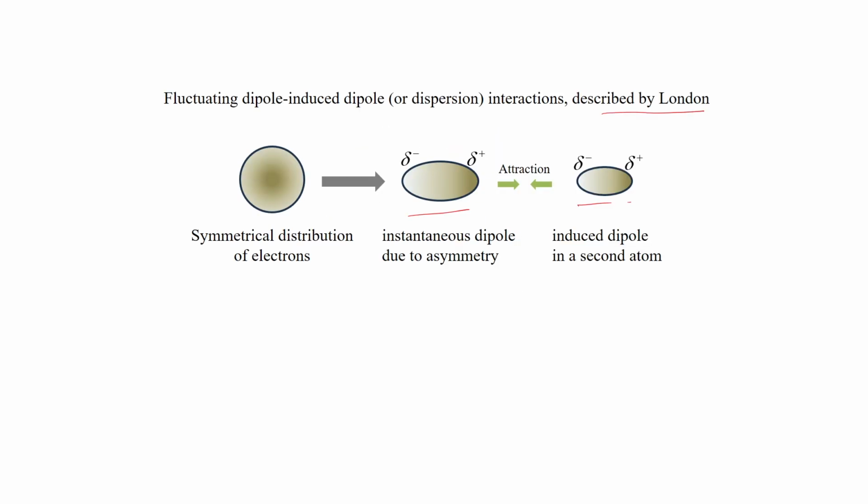However, in the London case, we do not need a permanent dipole. There are fluctuating dipoles, and that fluctuating dipole gets an instantaneous dipole moment because of asymmetry, and that induces a dipole moment in a second atom.